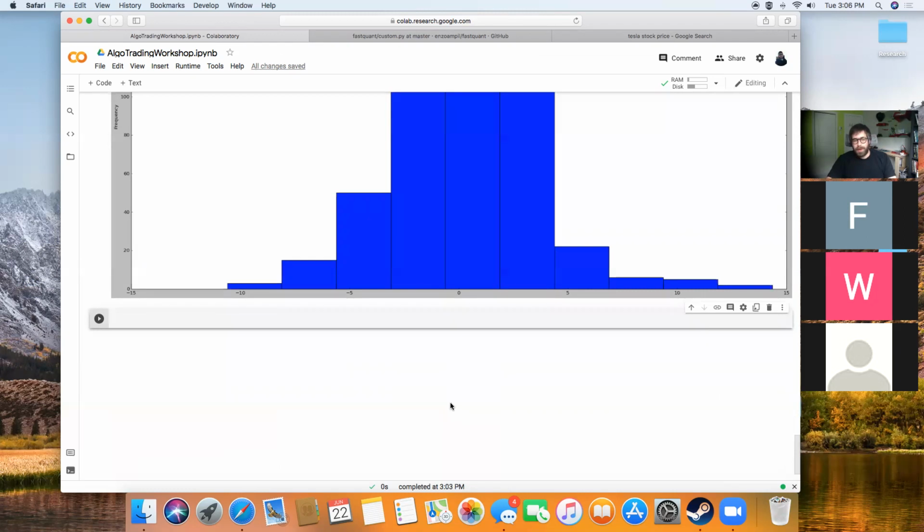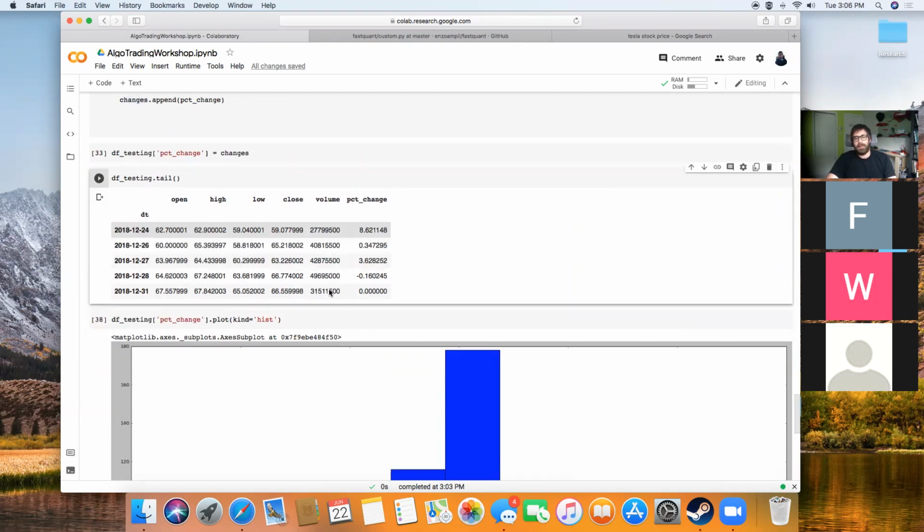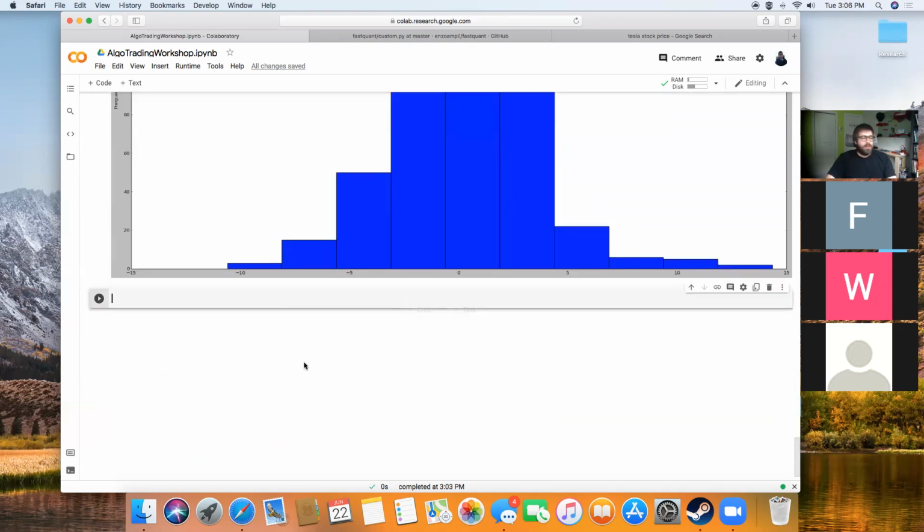Because now we're preparing data for the classifier to train from. So what do you want your classifier to command you? Basically, you want the classifier to tell you buy. That would be a really good classifier if you have it at this date, tell you to buy, because in the next 5 days it's going to increase by 8%.